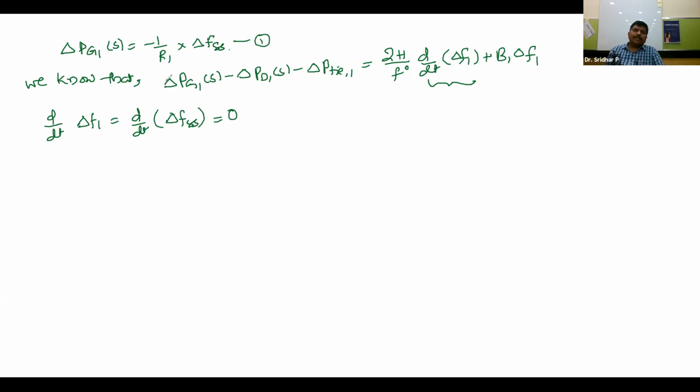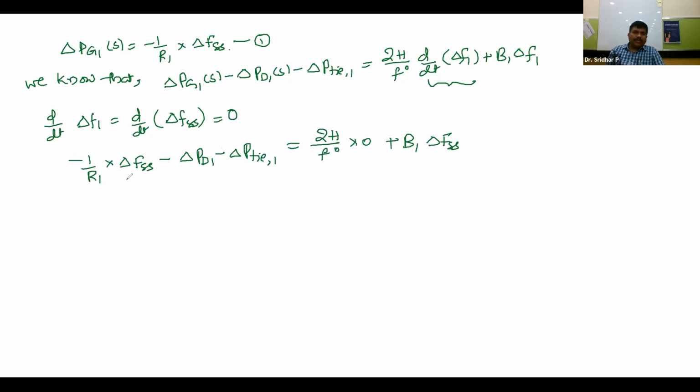That is the same thing I am going to substitute here. So delta pg1 of s is minus 1 by r1 into delta f ss, the steady state, minus delta pd1 of s minus delta p ti 1 of s is equal to 2h by f naught into 0 plus b1 into delta f, and we can straight away take the steady state f ss.